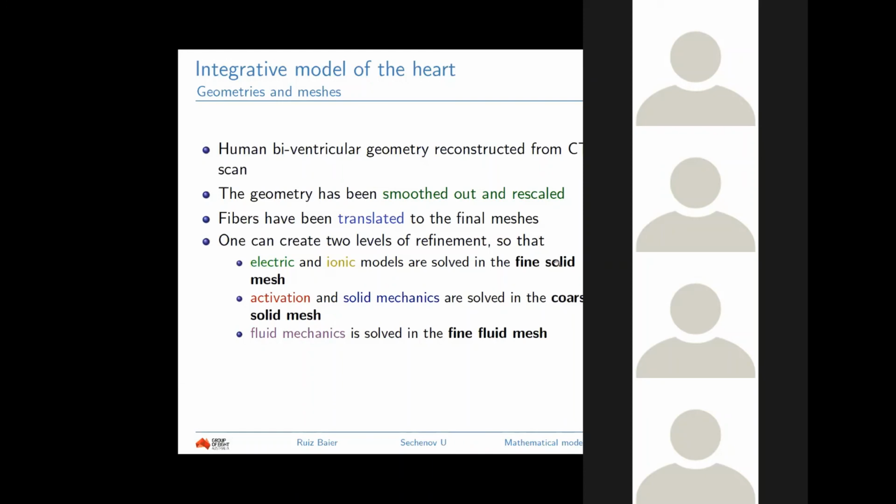And how do we get to those kinds of things where we have geometries that are coming from CT scans? So we have medical images. From those, we generate geometries, computational geometries, that can be rescaled, smoothed out, and then we create these so-called meshes, which are computational structures that represent space for the solid, which is the tissue itself, but also for the compartment where fluid is going to be.